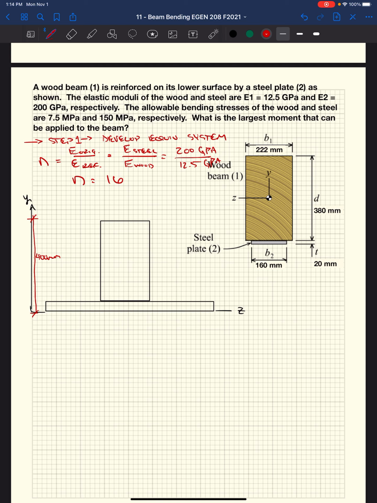But we need to change the area of this steel plate by 16 times. We gotta multiply it by 16. So if we're not gonna change the thickness of the steel plate, we're gonna change the width. So now we've got 160 millimeters, which is our original width of the steel plate. We're gonna multiply it by 16 and get 2,500 millimeters.